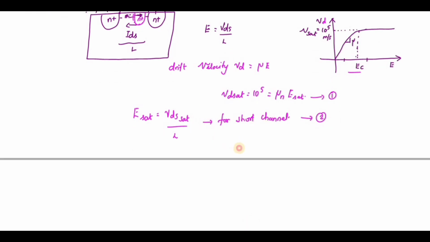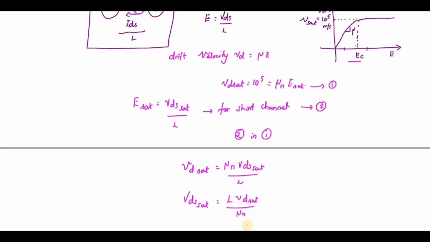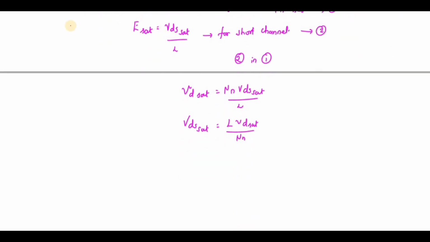If I substitute 2 in 1, the drift velocity saturation is equal to mu n VDS sat divided by L. So VDS saturation is equal to L into Vd sat divided by mu n. This equation is not present in any of the earlier three equations.